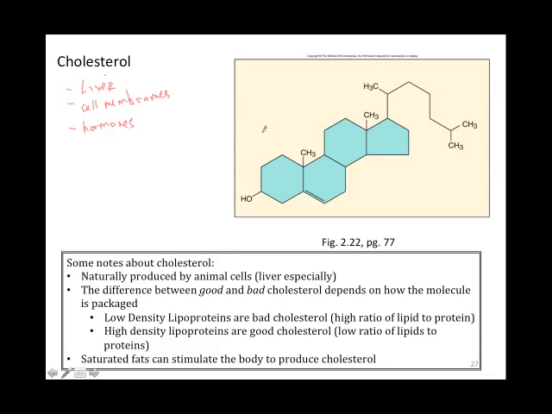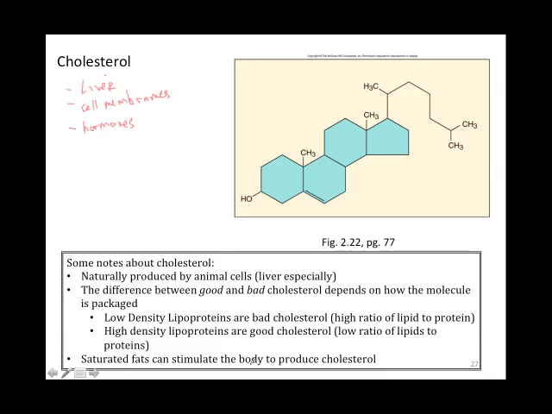So cholesterol is important. Now there is a difference between what we call good cholesterol and bad cholesterol. And that has to do with how the cholesterol is packaged and transported in the body. Okay, your LDLs are considered to be your bad cholesterol, and your HDLs are considered to be your good cholesterol. And a diet high in saturated fats can actually stimulate the body to produce excess cholesterol.